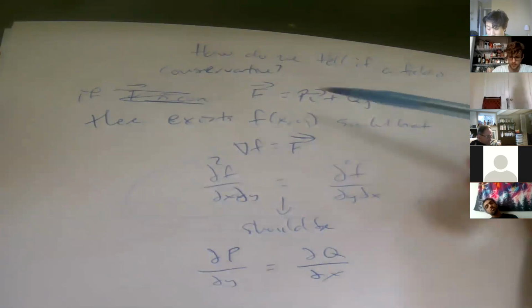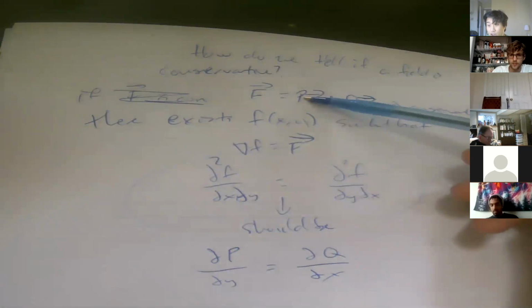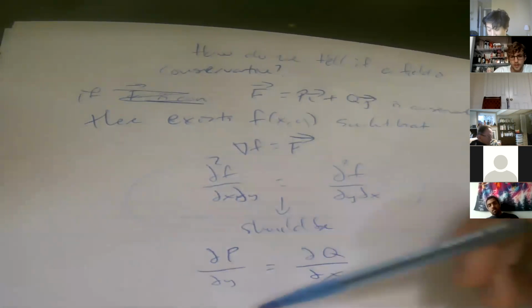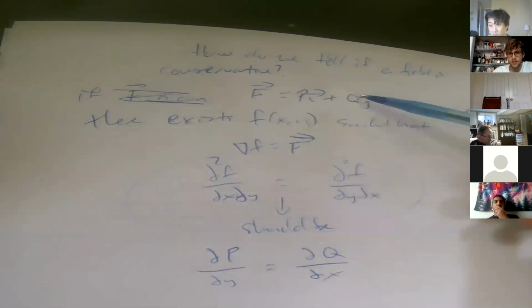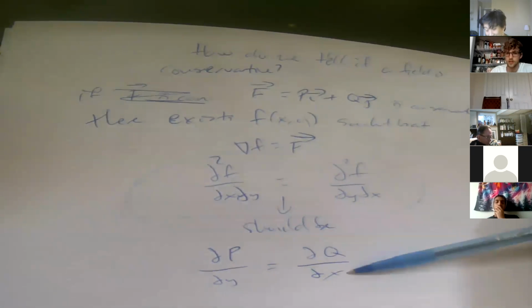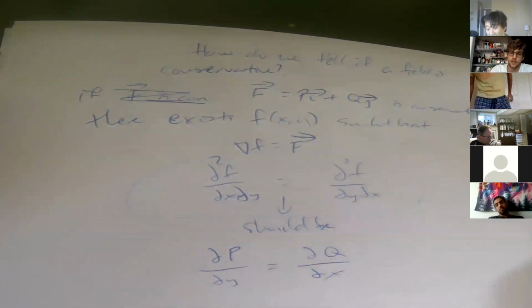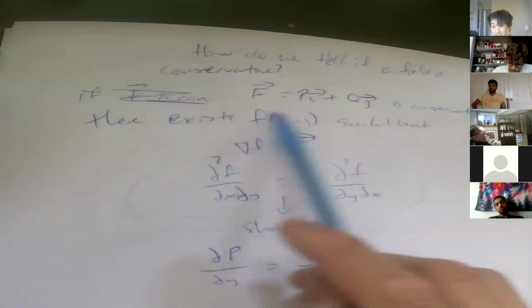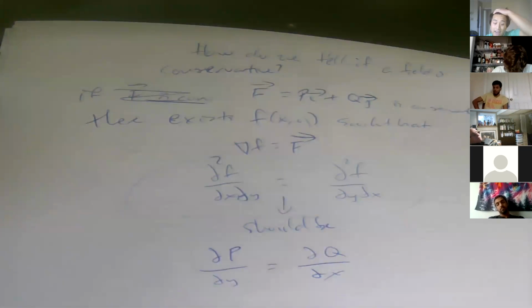Right? Because P is a derivative with respect to x. So if I take the derivative with respect to y, I should get the same thing as the derivative with respect to y and then the derivative with respect to x. That makes sense. Right? So if I have a description of my vector field like this, I can quickly check if it's conservative.